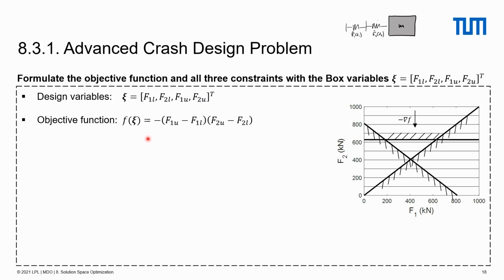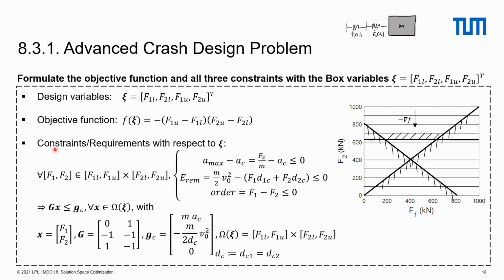The objective function is that we need to find the maximum area of the box. This is the length of the box in the dimension F1, and the length of the box in dimension F2, and the length in dimension F1 times the length in dimension F2 is the area. With a minus in front, we get the objective function.